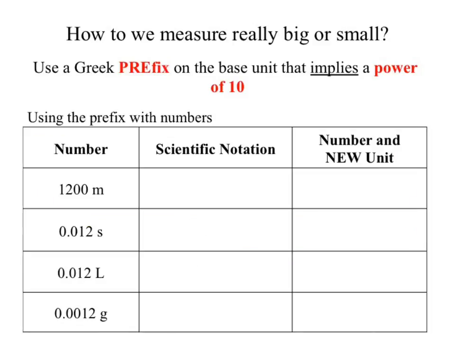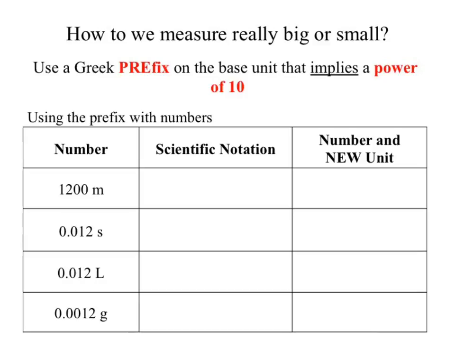Okay, so let's take a look at that first one. What we want to do is try and convert this across with our number and our new unit. So the very first step is to convert our number into scientific notation. Scientific notation means a number in our ones place, decimal point, rest of our significant digits.